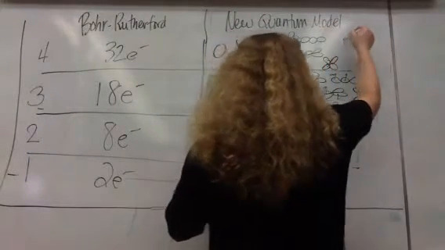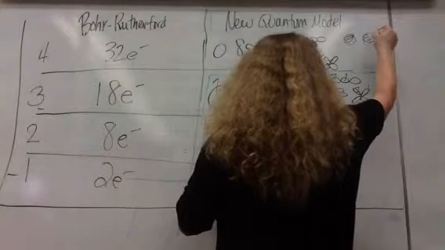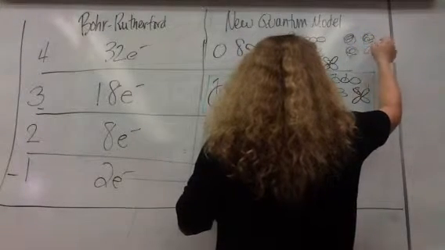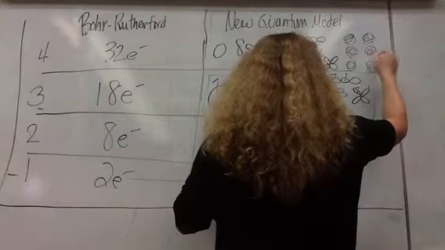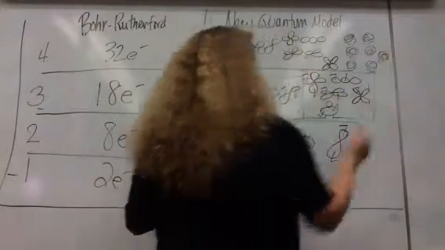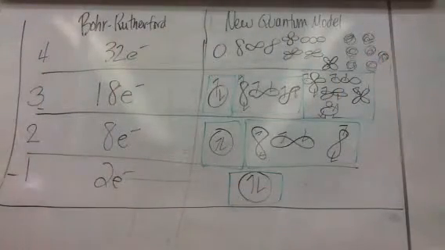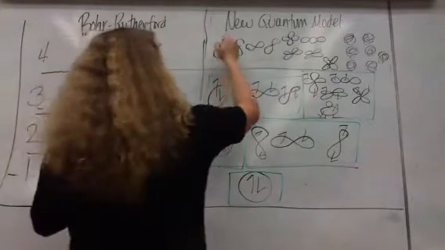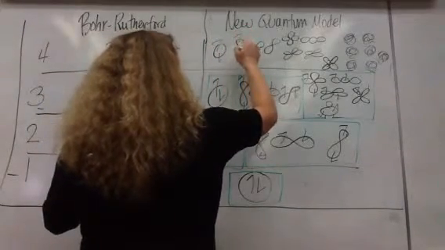It's even worse because you have to draw the F's. At least those are just random squiggles. And we know that there are 2 electrons here, 2 electrons there, potentially.